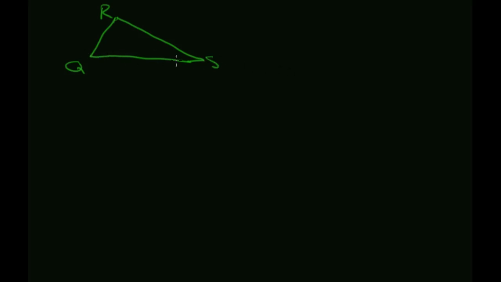So the largest side is QS. That means the largest angle has to be R. The medium side is RS, which means the medium angle has to be Q. And the smallest side is QR, which means the smallest angle has to be S.